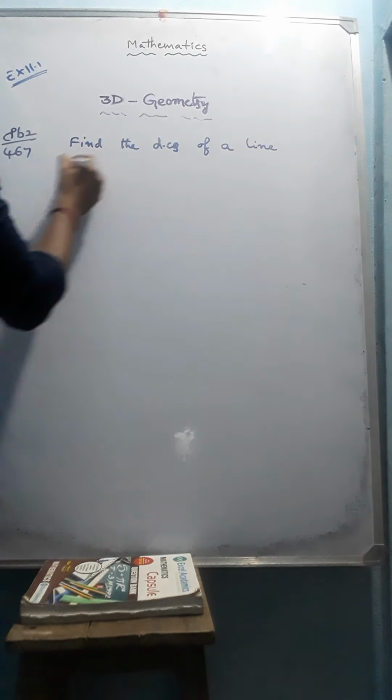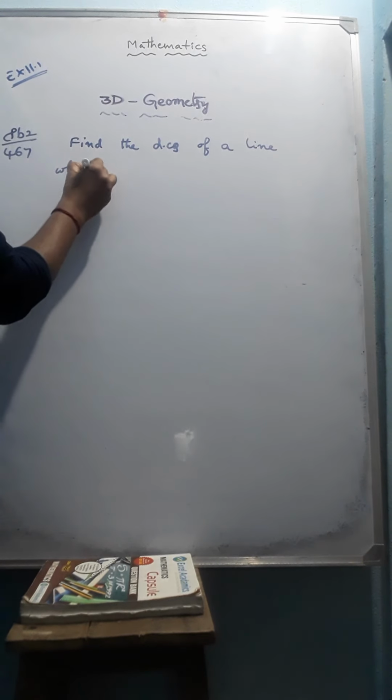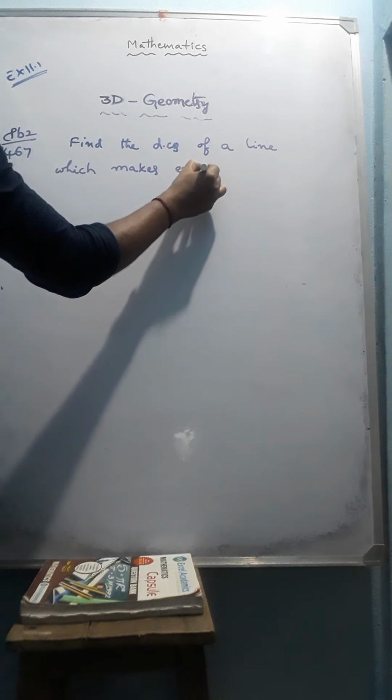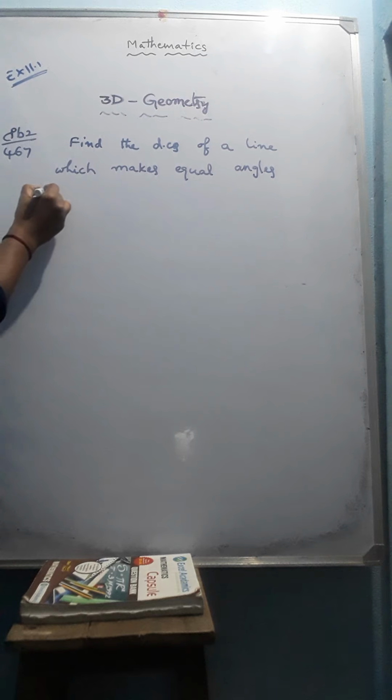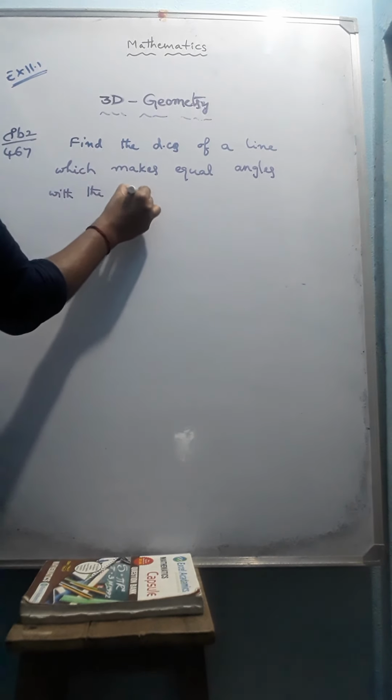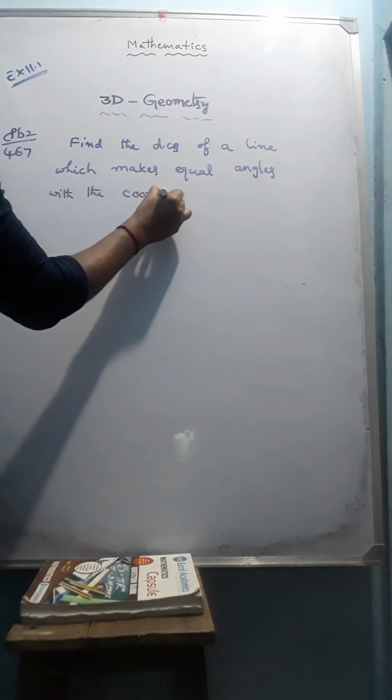Find the direction cosines of a line which makes equal angles with the coordinate axes.